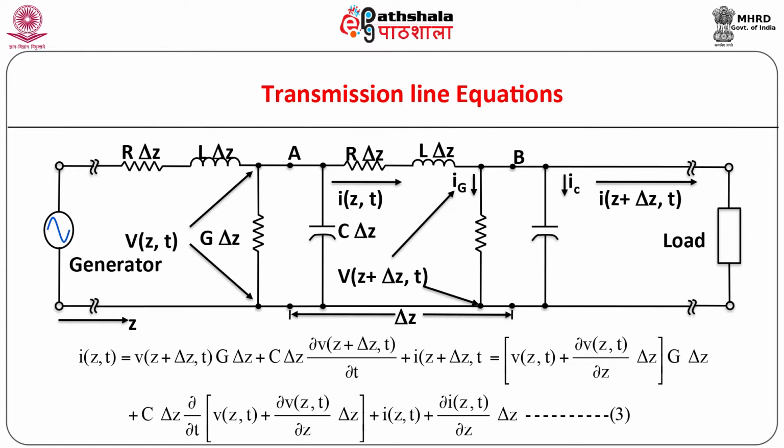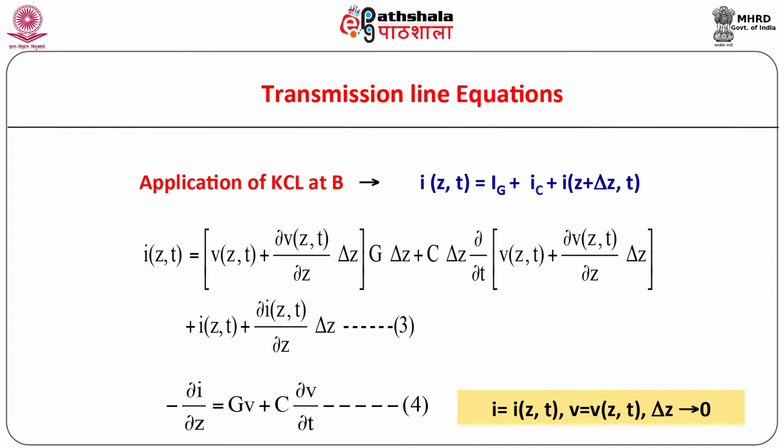Using the expression for current through the capacitor as a product of capacitance and the time derivative of its voltage, and then using Taylor's expansion for voltage and the expression for current through the capacitor, we can get equation number 3. Again, as before, with I and V to represent I(Z,t) and V(Z,t) respectively, with the assumption of delta Z to be infinitesimally small, the above equation can be written as shown.